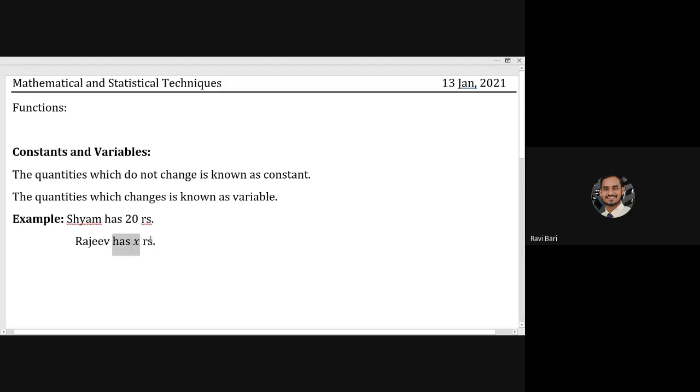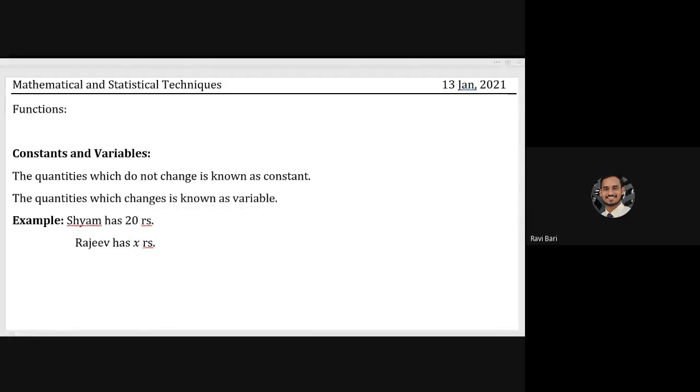It could be 0 rupees, it could be 1 lakh rupees, it could be 10 rupees, it could be 70 rupees. So here the value of this money is variable. So here X is variable and this 20 is a constant. Is this concept clear to everyone? What are constants and variables? Have you understood?